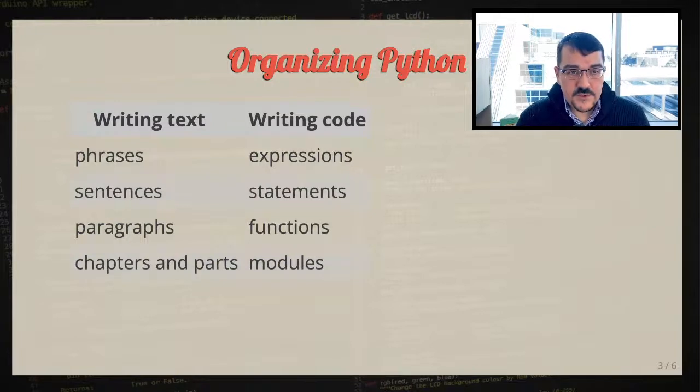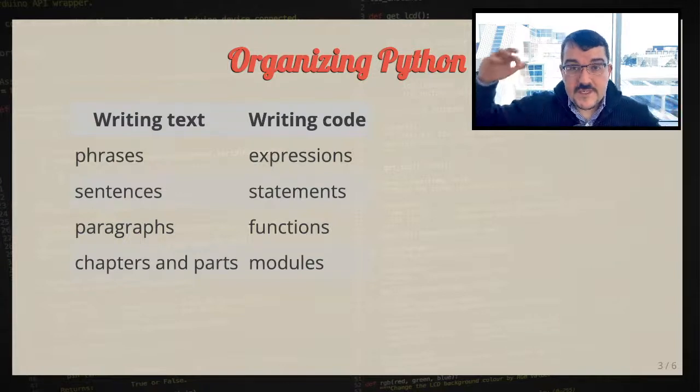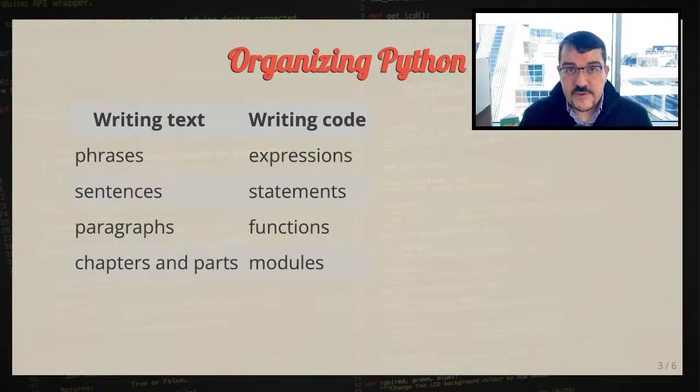And then we're also going to have things like chapters and parts. So when we get to a book or a report or something like that, we might want to have chapters and parts, something that organizes even larger chunks of information that we want to communicate. Well, similarly, in a programming language like Python, we have things called modules.